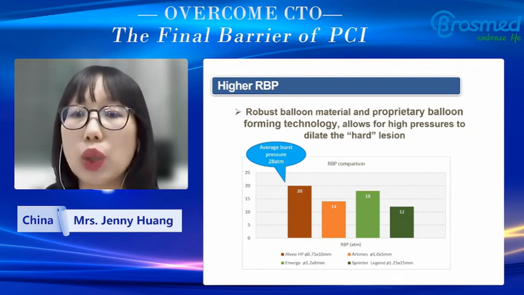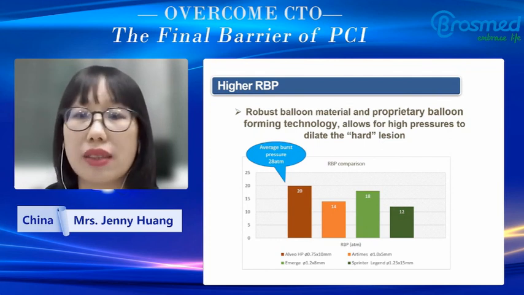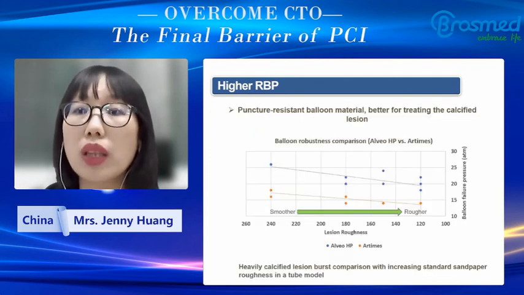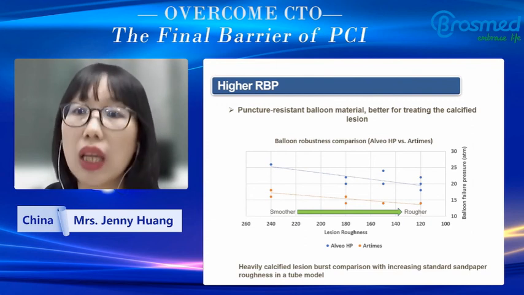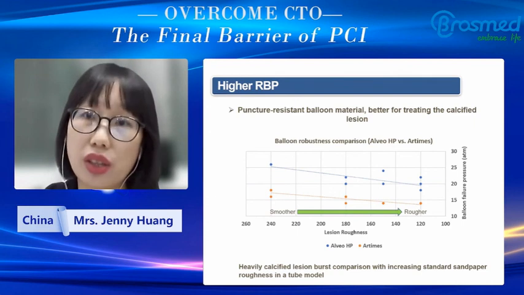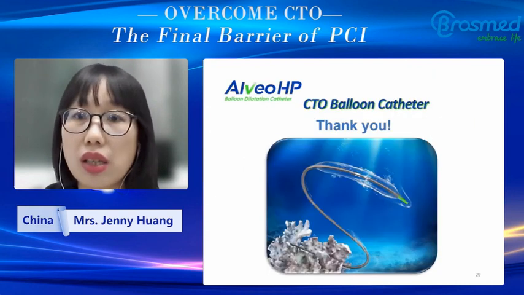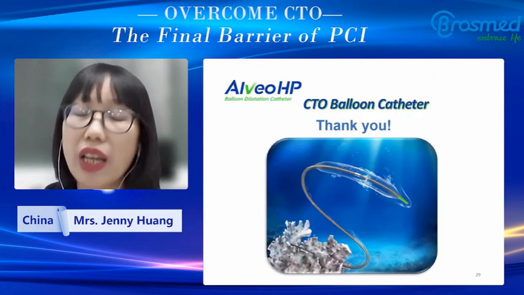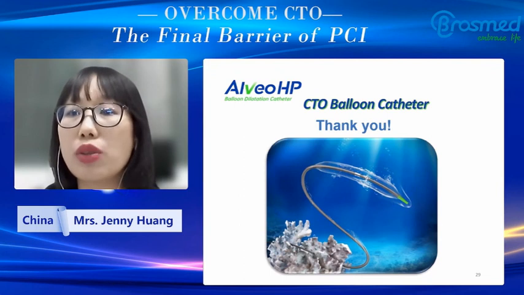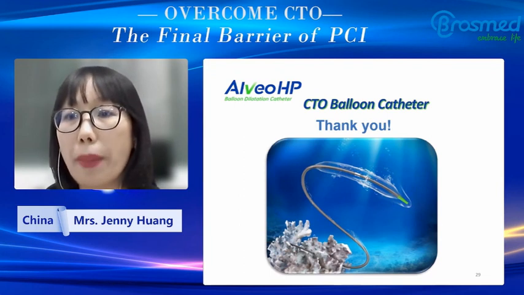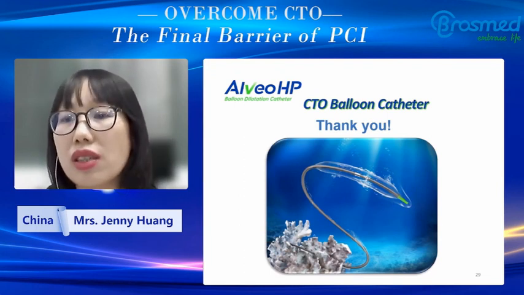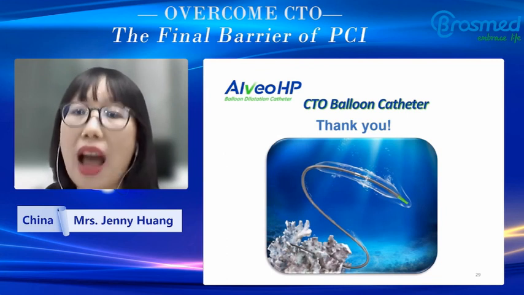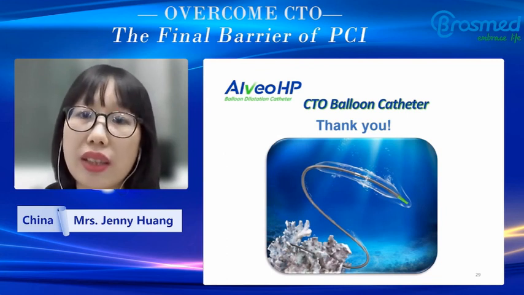That's easier to dilate the stenosis. Furthermore, the puncture-resistant balloon material will reduce the probability of rupture during the treatment of calcified lesions. So, combining several innovative technologies in one, Alveo HP is really a powerful weapon for CTO and compressed lesions to cross the balloon uncrossable lesion.